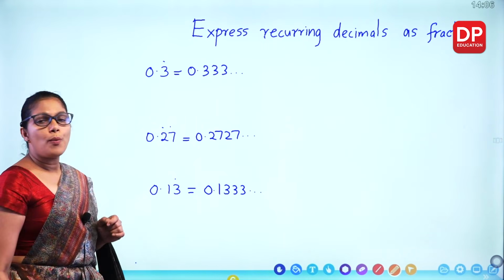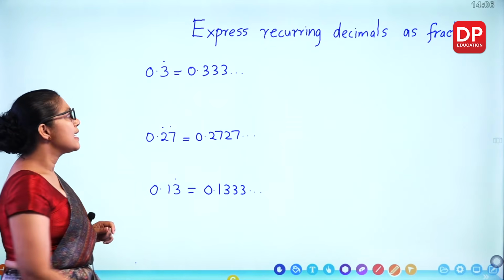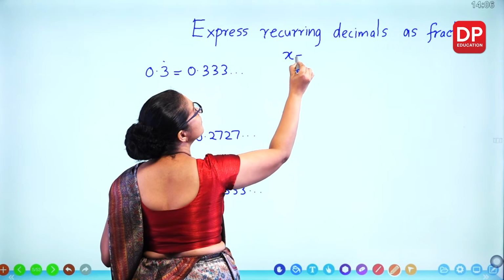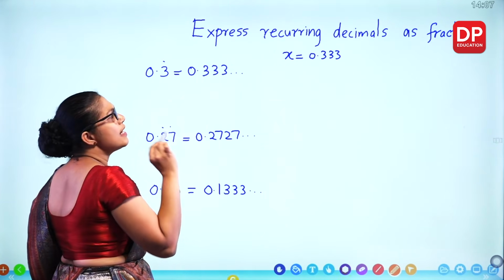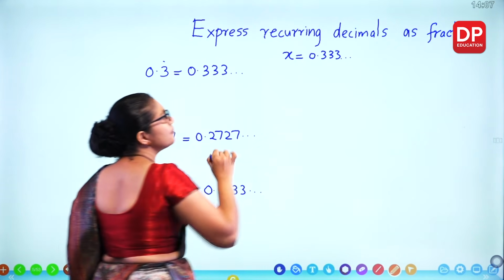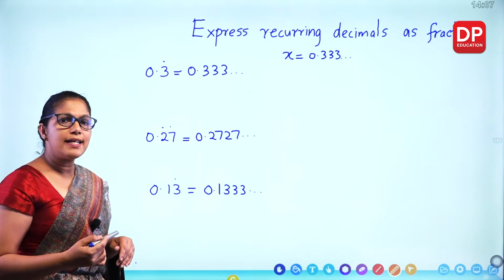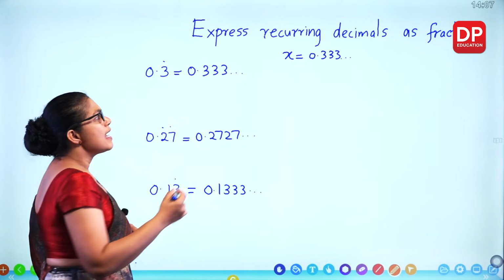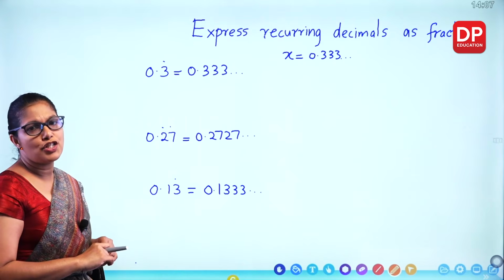Now we'll see how we can convert to fractions. So first we'll take this number as x. I can write just 3 numbers, but it's repeating. And then what we do, we multiply this by 10, 100 and 1000 like that, to get the same set of decimal digits.